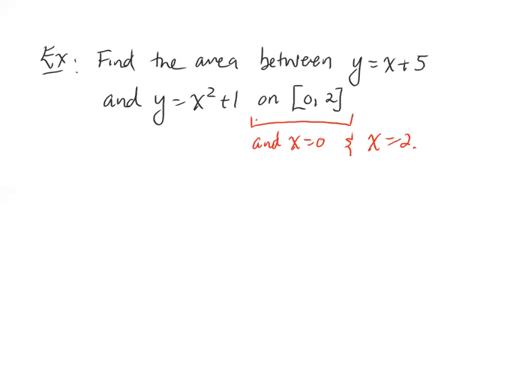So the first step in any of these is I need to know, on this interval from 0 to 2, or between x equals 0 and x equals 2, does one of these functions consistently come out above the other function? So I need to draw this.